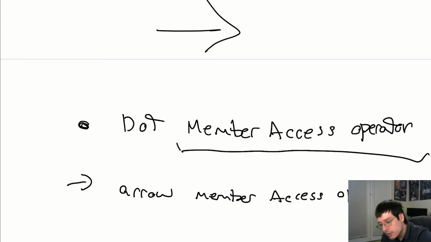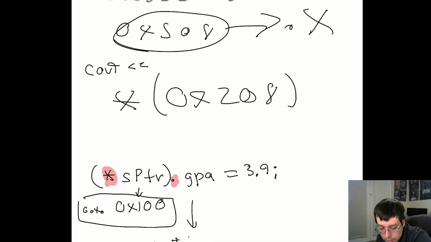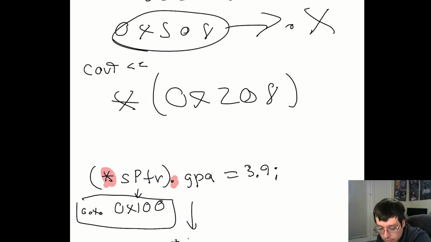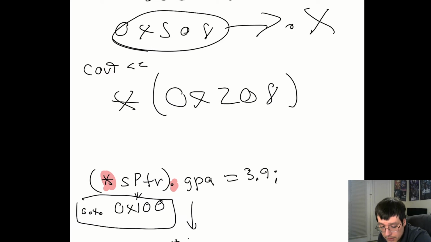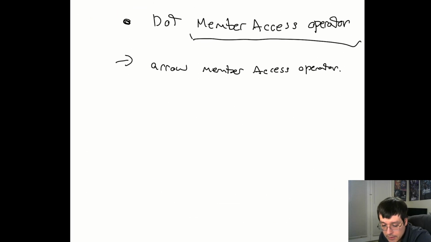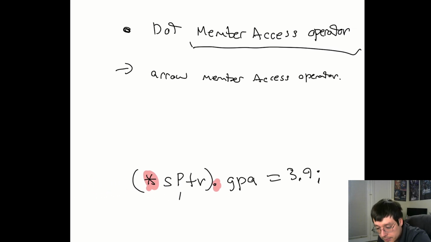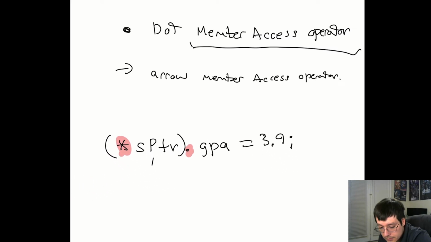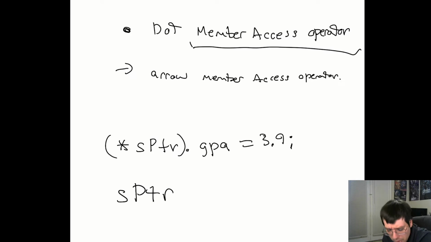So going back to our example above with the student, this one right here, copy paste it. This right here, let's get rid of the colors for now. Under the usage of the arrow operator, would just become that.